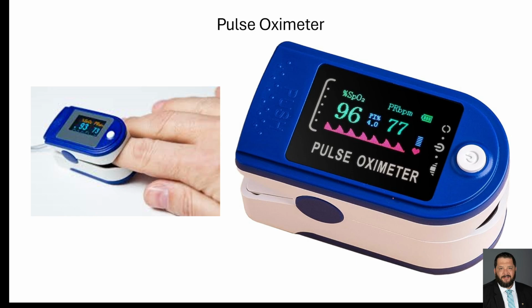So hemoglobin bound to oxygen as a percentage, okay? This SpO2 is saturation percentage of oxygen at 96%, says that 96% of the hemoglobin that is moving underneath the sensor is bound to oxygen in the form of oxyhemoglobin. That gives you a 96% saturation.